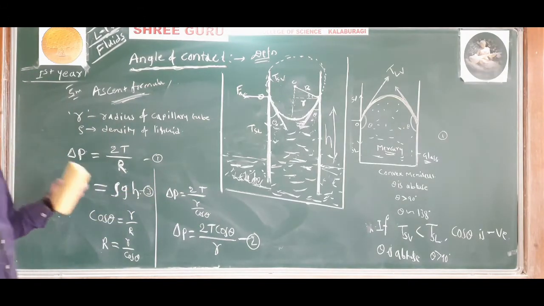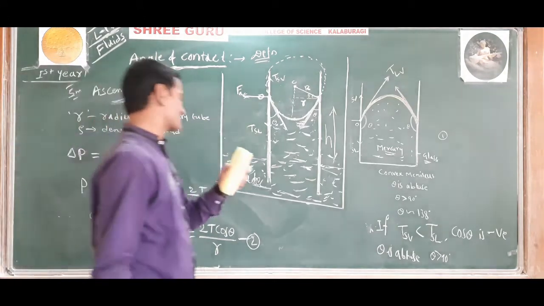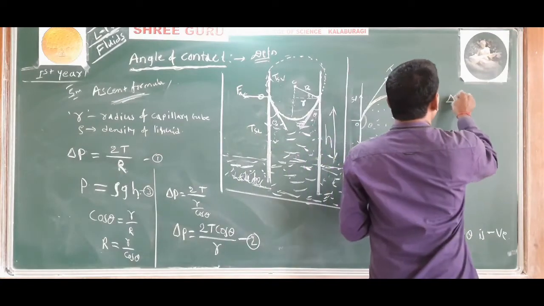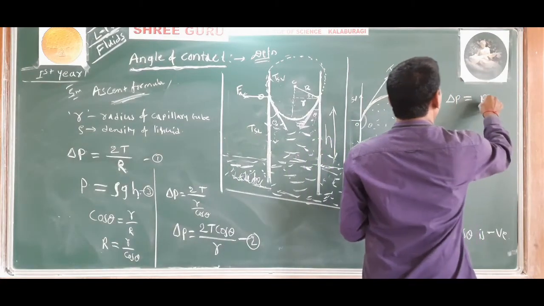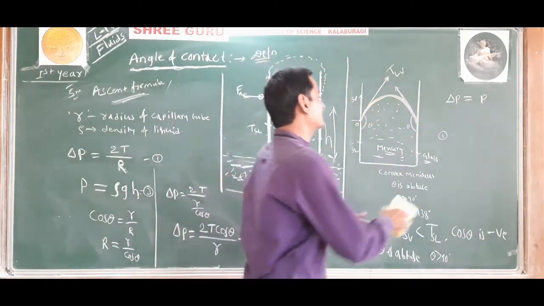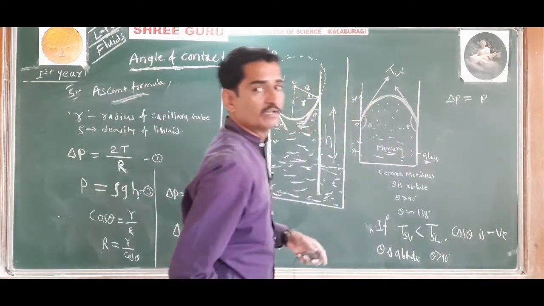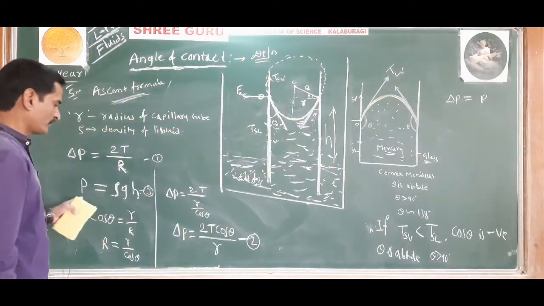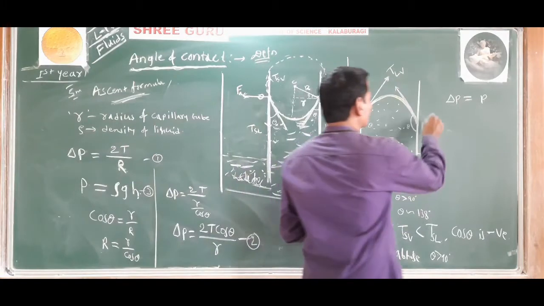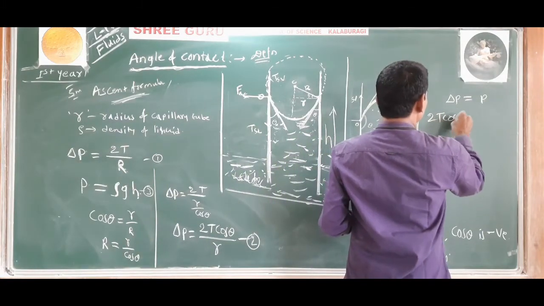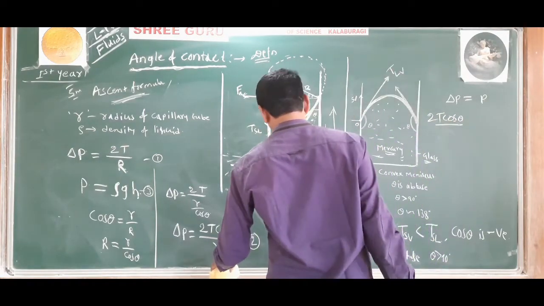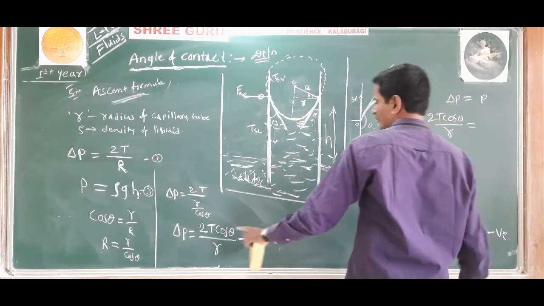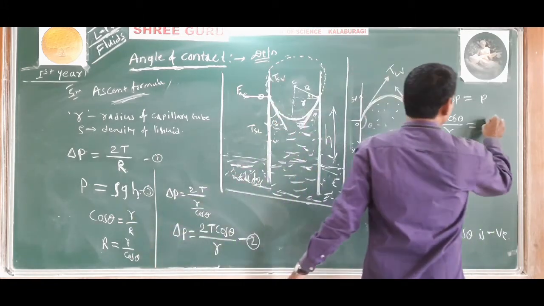Now comparing equation 2 and 3, the excess of pressure must be equal to the hydrostatic pressure exerted by the liquid column inside the capillary tube. So 2T cos theta divided by small r is equal to rho GH.